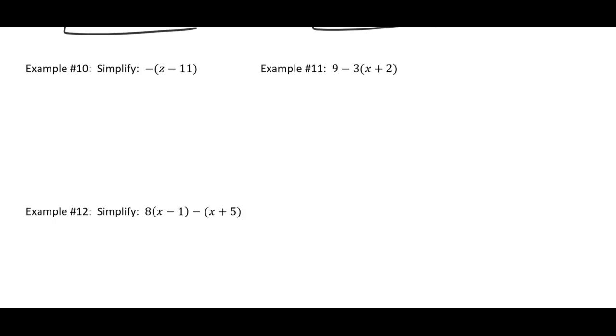Number 10, that's a really important one because for some reason it gets students sometimes, but it's the opposite of what's in parentheses. But you can think of it as a lot of times students like to put a little 1 here, so they have something to distribute. But it's going to be the opposite of z plus 11. Now, how did I get that to be plus 11?